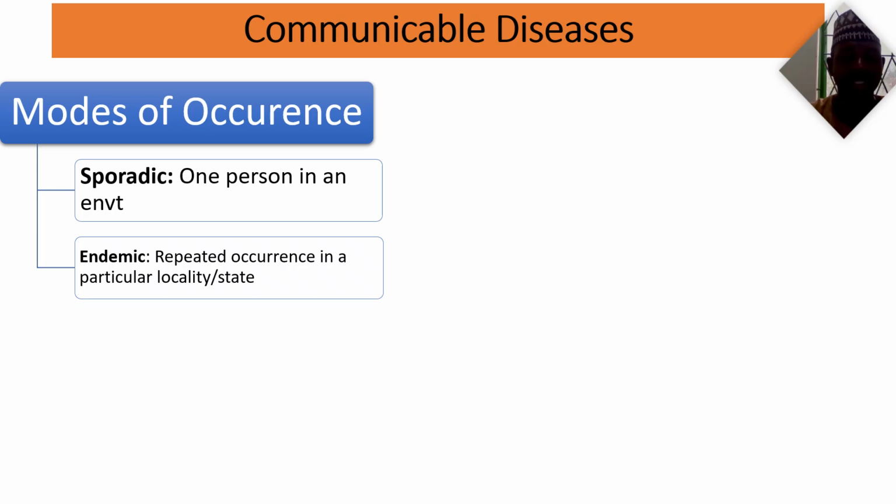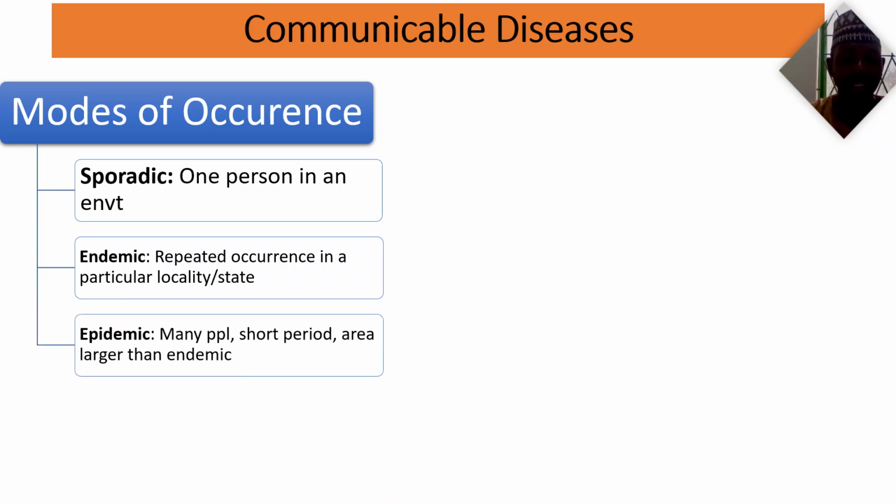So this type of occurrence of diseases that occur repeatedly is called endemic. That means we can have a case of sporadic disease, sporadic just once in a while. But when a disease repeatedly occurs in an environment, it is referred to as endemic disease.